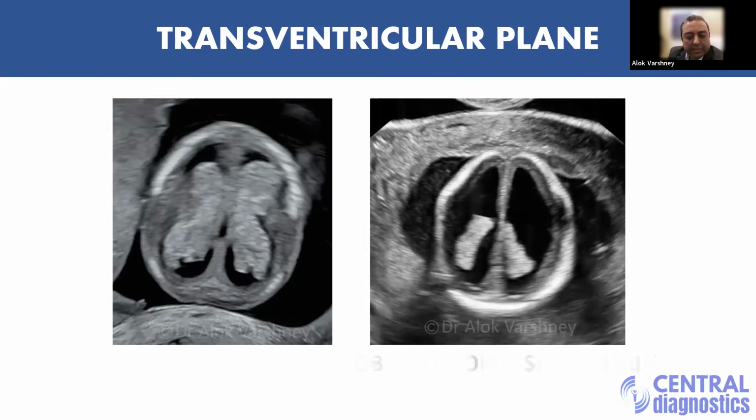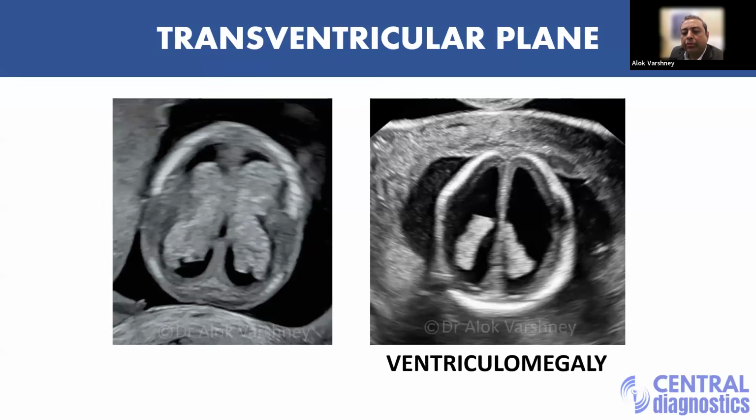Now, this one here, we can see that the ventricles are dilated, and we see a lot of space around the ventricles anteriorly, laterally and posteriorly as well. Now, this is ventriculomegaly. In the first trimester, we do not have the criterion of 10 millimeters to diagnose ventriculomegaly.